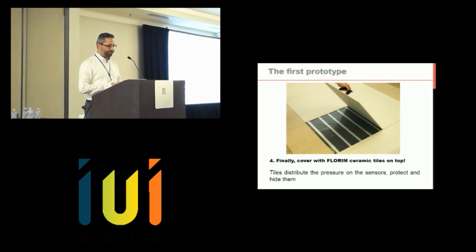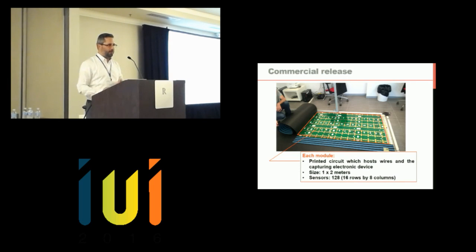The tiles are useful because they distribute the pressure over more than one sensor, and they protect and hide the sensors, of course, for the requirement. The commercial version is much better, of course. We use a printed circuit, and the size of each module is 1 by 2 meters, and each module contains more than 100 sensors.